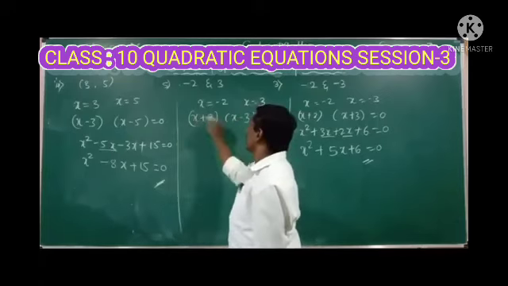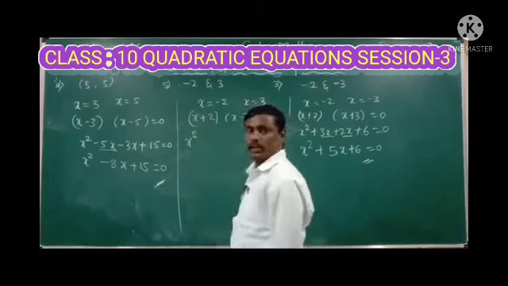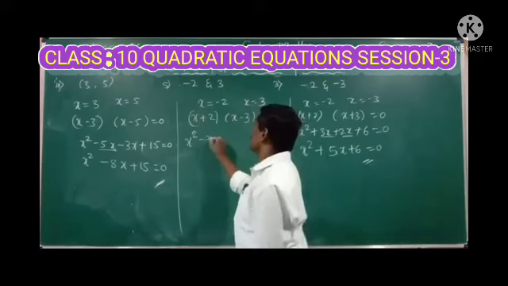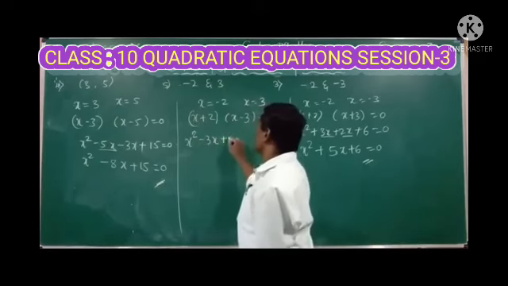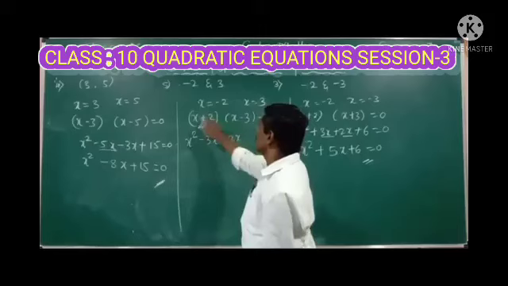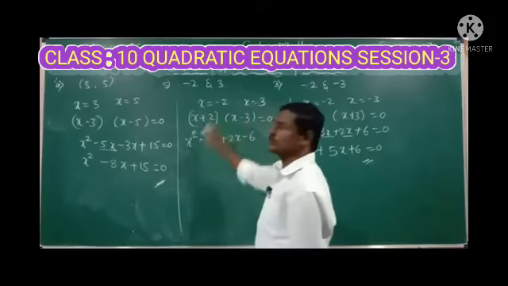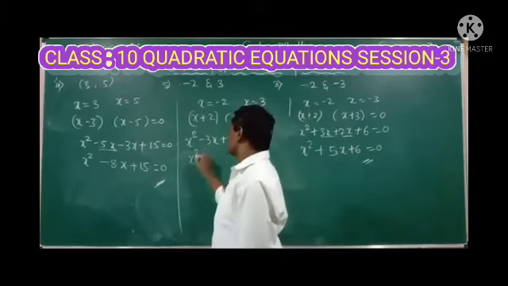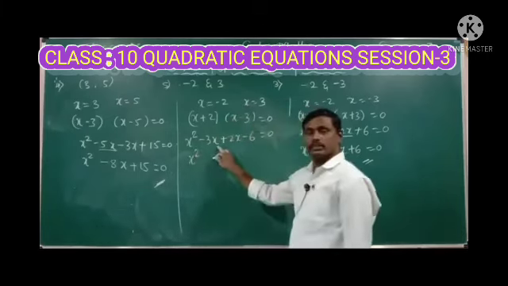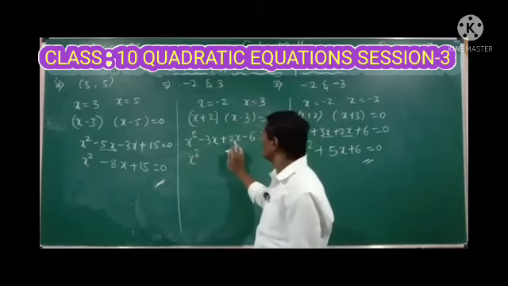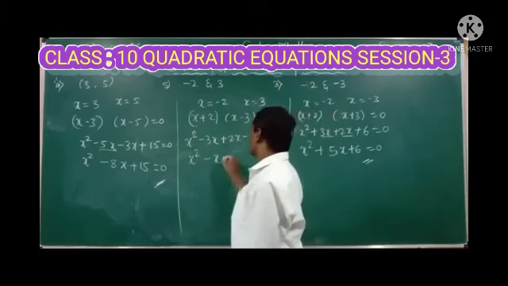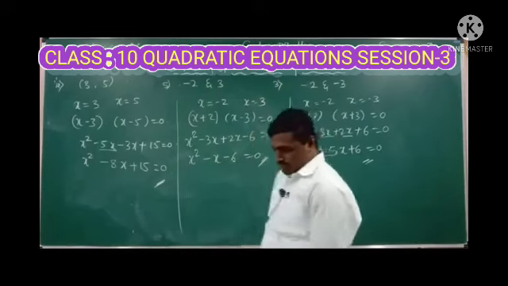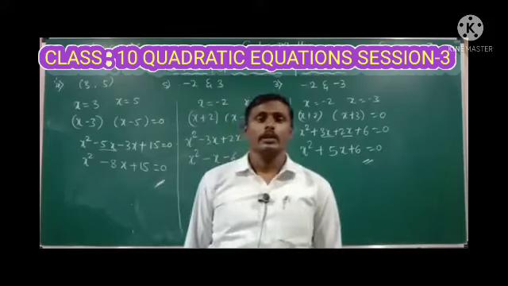Multiply the binomials: x into x, x square; x into minus 3, minus 3x; 2 into x, plus 2x; minus into plus, minus 6, 3 twos are 6, which is equal to 0. x square minus 3x plus 2x is minus x, minus 6, which is equal to 0, is the required quadratic equation.